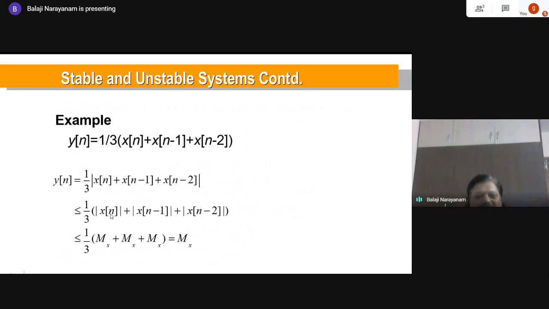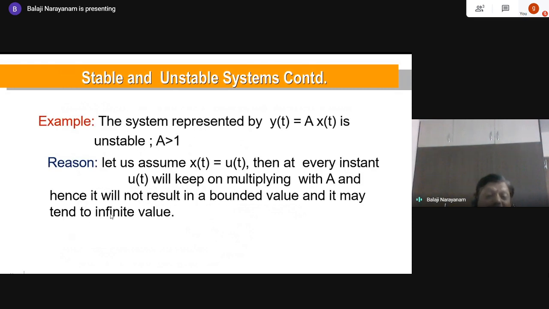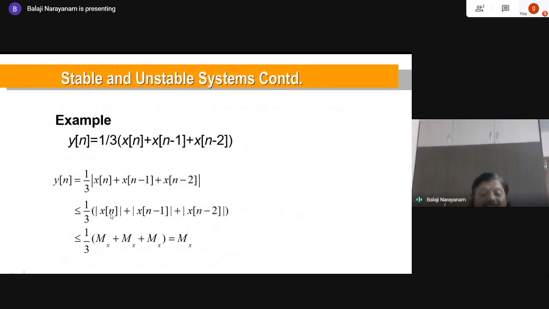So 1 by 3 of mx plus mx plus mx. mx is nothing but a finite value we are taking, 3 mx divided by 3 results in a value of mx, and this is a finite value. If that mx is less than infinity, then we may say that it is stable. If mx is not less than infinity, then we may say that the system is unstable.